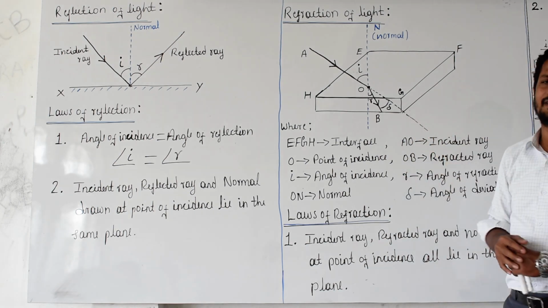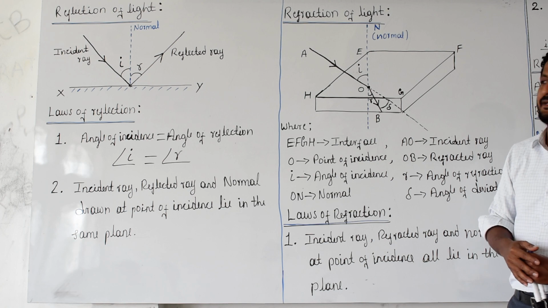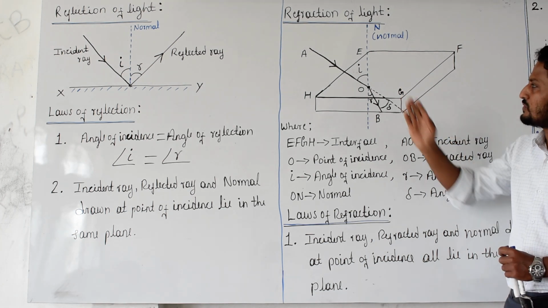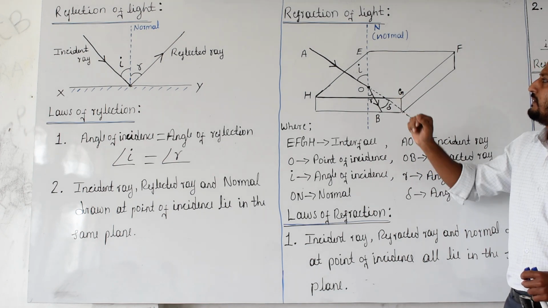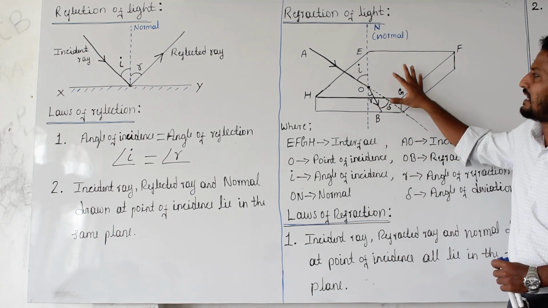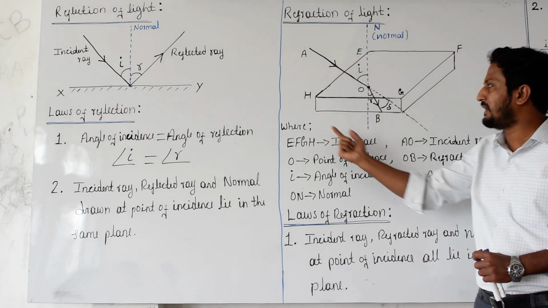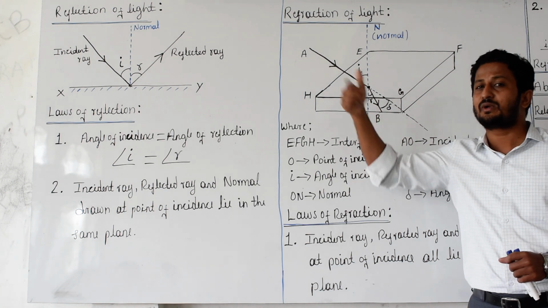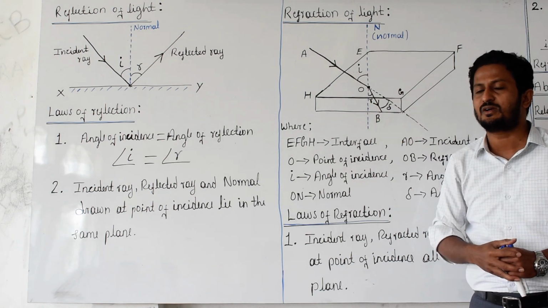See here, look here. What is happening here? It has certain thickness. Above that glass slab, I mean this glass slab is surrounded by a homogeneous medium. This glass slab surrounded by homogeneous medium means what?